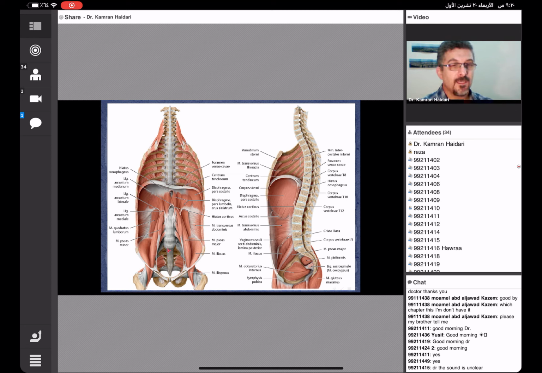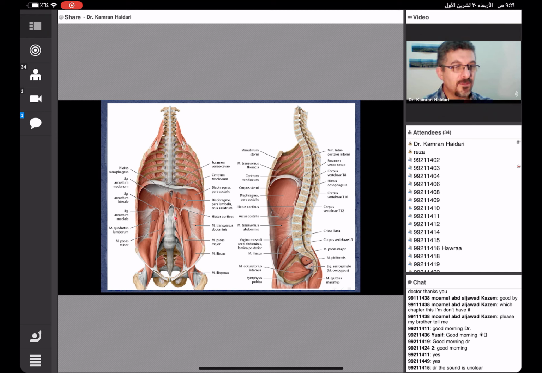These ligaments on each side arise from the right crus to the transverse process of L1, and from L1 to the tip of rib 12.